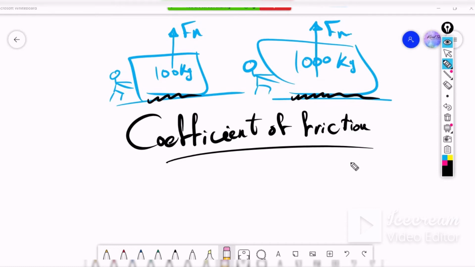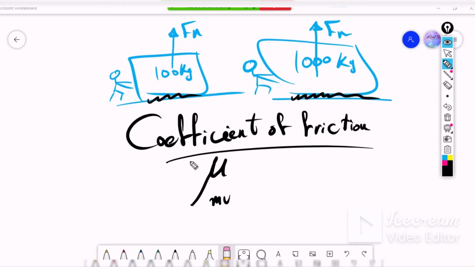The symbol of the coefficient of friction looks like an m, but it is a Greek letter called mu. That is the symbol of the coefficient of friction, called mu.